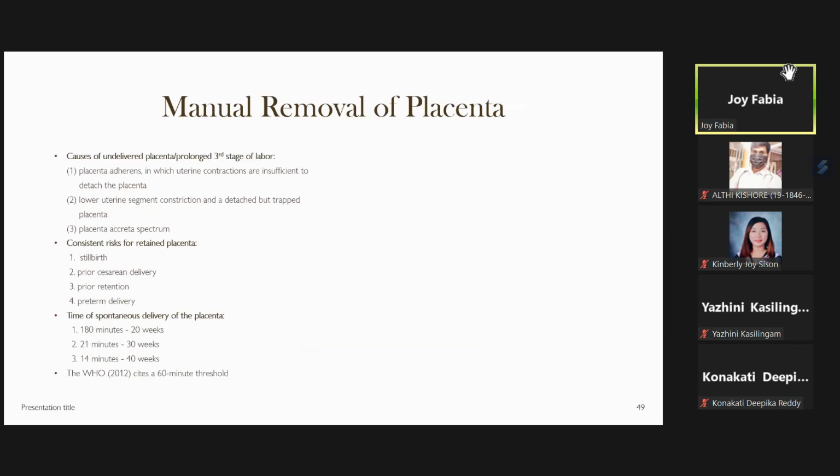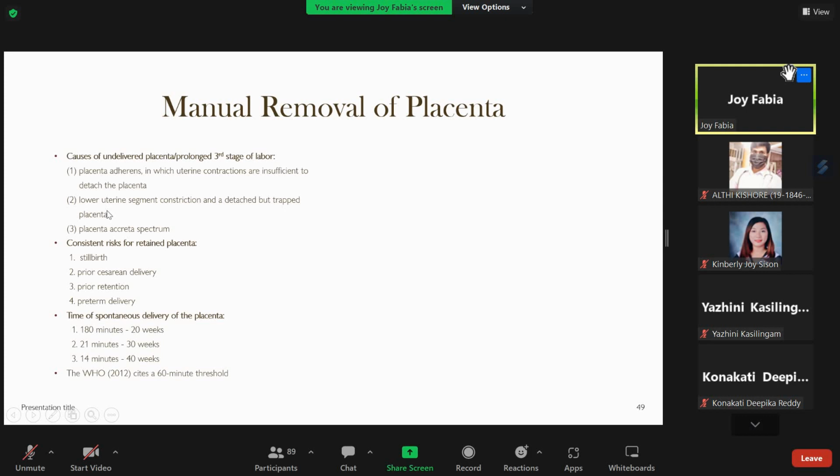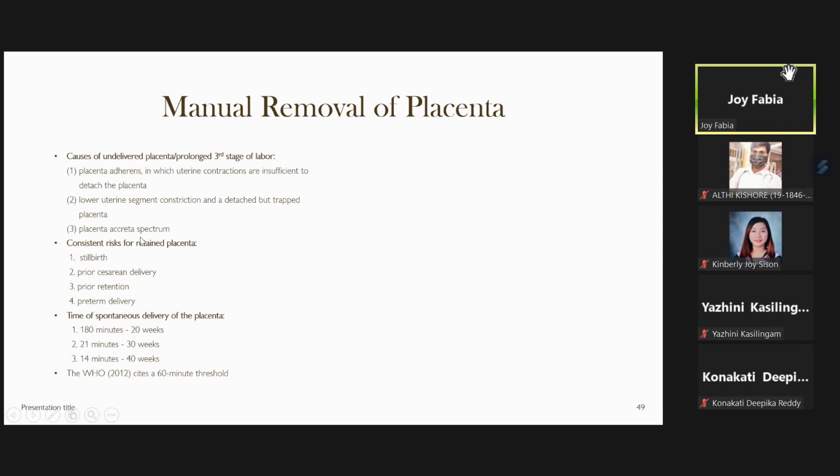So, causes of undelivered placenta or prolonged third stage of labor. Placenta adherence. This is an adherent placenta. And then, yun nga, yung sinasabi ko kanina, once the LUS constricts, the placenta will be trapped. So, kaya I usually give the oxytocin after placental delivery.